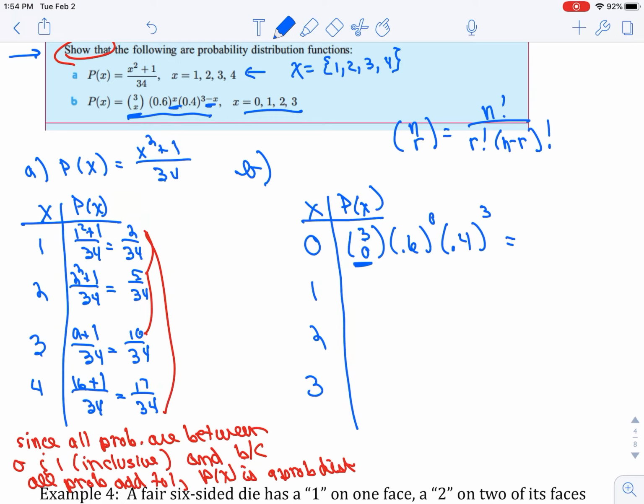So if I do 3 choose 0, I'm going to end up with 3 factorial over 0 factorial times 3 minus 0, or 3 factorial. Remember, 0 factorial is defined to be 1, so we just end up with 1 here. And then, of course, this is 1, and 0.4 cubed is 0.064.